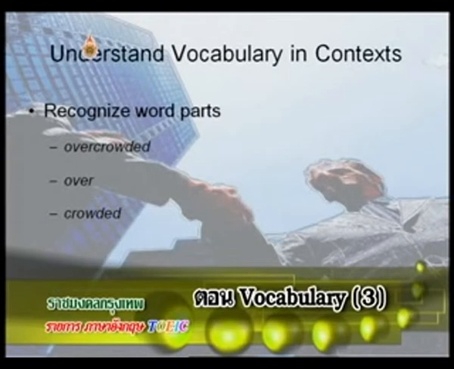It looks like a verb, but it is a participle functioning as an adjective, and you add the prefix over to give the meaning that it is very, very or excessively.